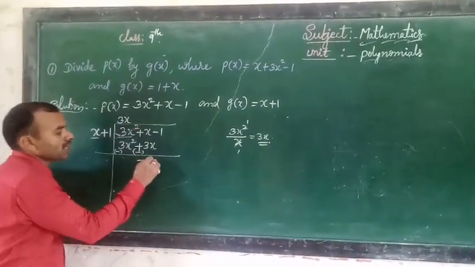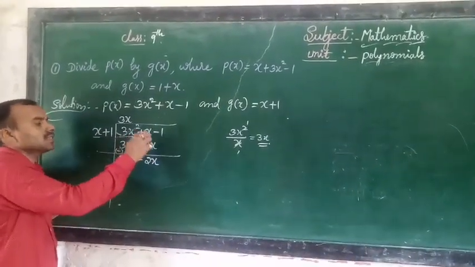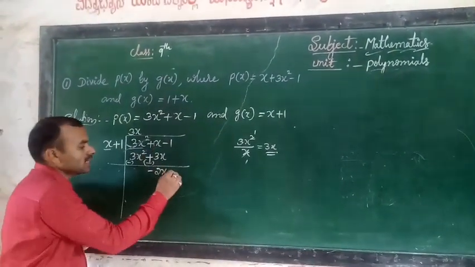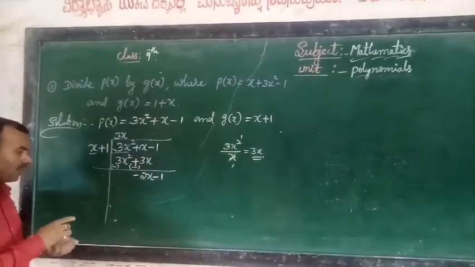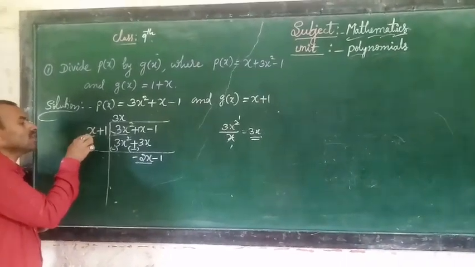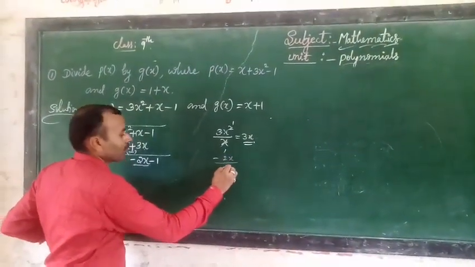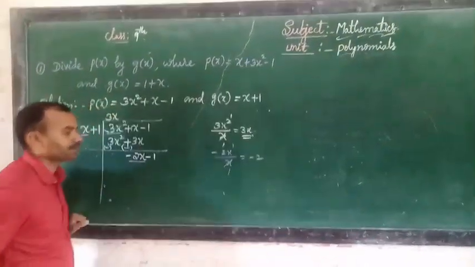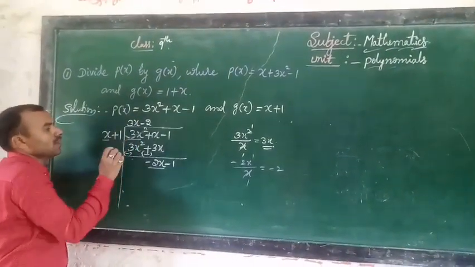Minus 3x plus 1x becomes minus 2x, and write as it is, minus 1. In the same method, we divide minus 2x by the first term of the divisor x. Minus 2x by x, the quotient is minus 2. Write the quotient here, minus 2.